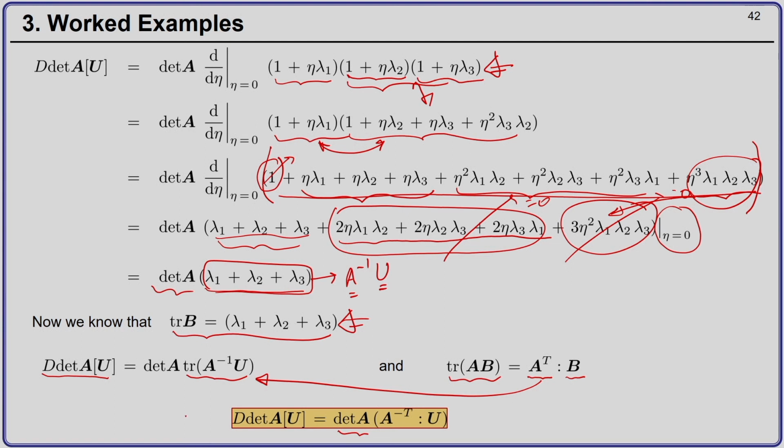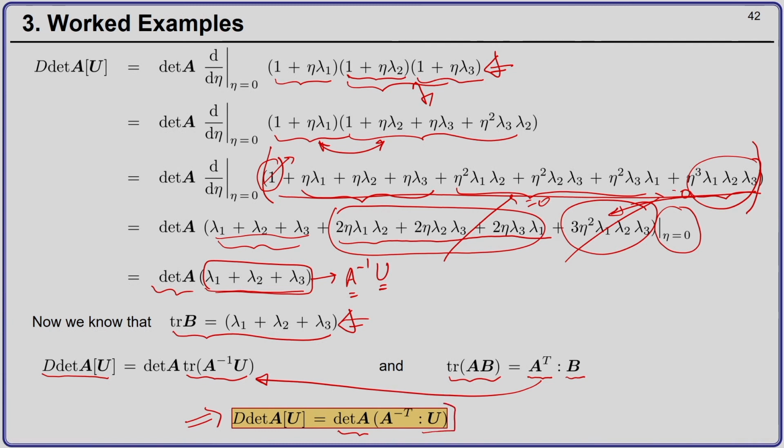So, finally, this is what we have derived: the change in the value of determinant of A when A gets incremented by u is nothing but determinant of A into A inverse transpose double contracted with u.